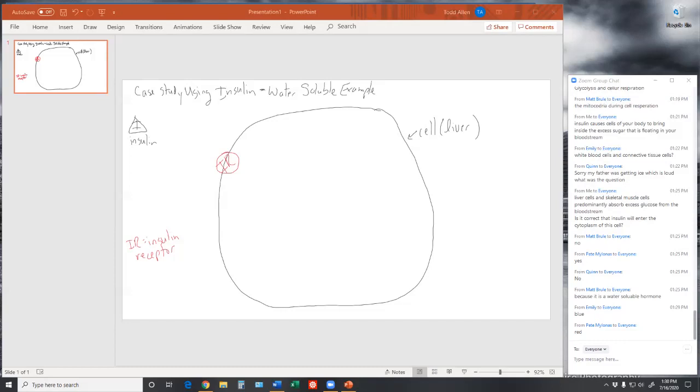Second question, what color is the receptor in figure 10.4? Green. Thank you very much, Fiona. Now, Fiona, is it dark green or light green?